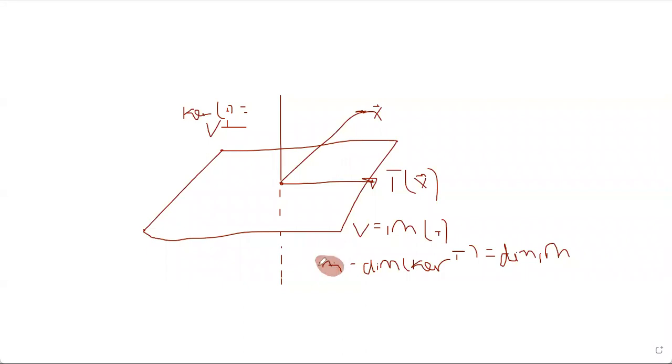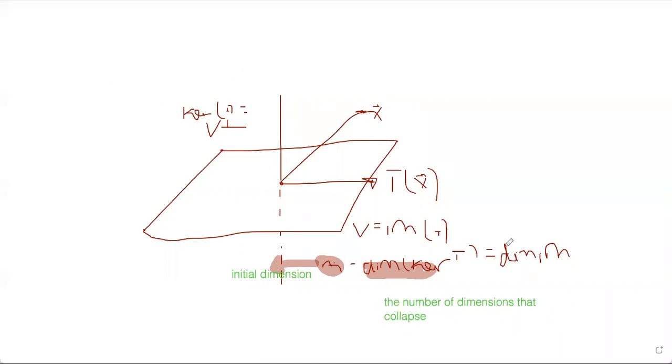This right here can be thought of as the total initial dimension, right? The total number of variables, the initial dimension. Then this right here, the dimension of kernel, can be thought of as the number of dimensions that collapse. I'll explain this in a minute.